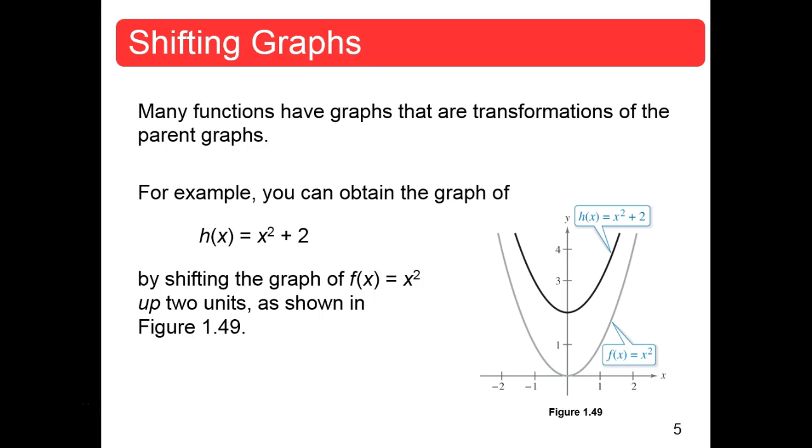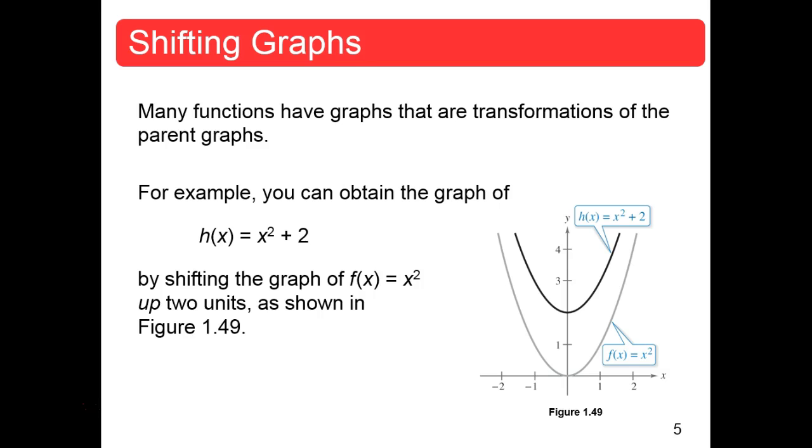What are you adding to here? What is f of x? Y. You're adding to y, so this is a shift upward. h of x is taking your f of x and adding 2 to it. So it's going up 2. Say 2, don't say yours. Okay, so up 2.